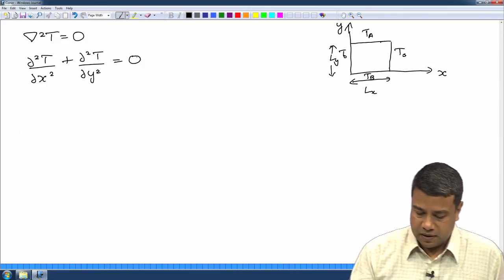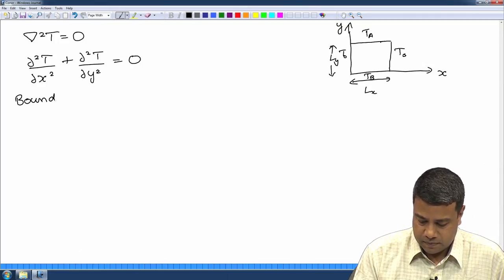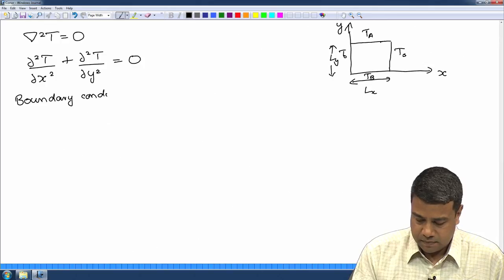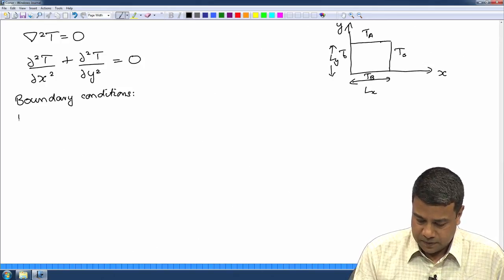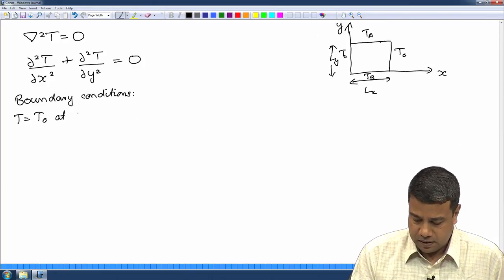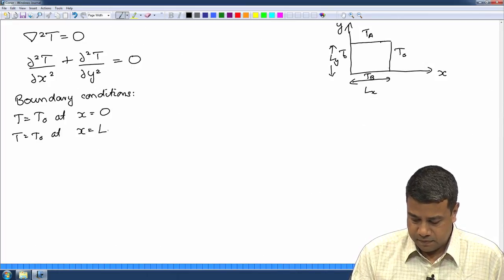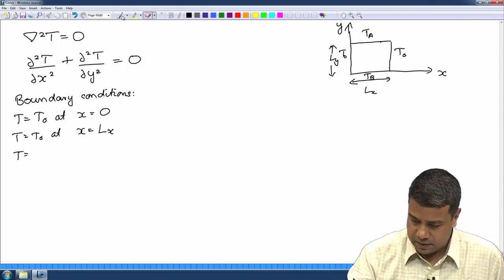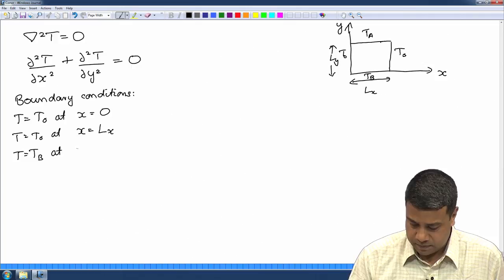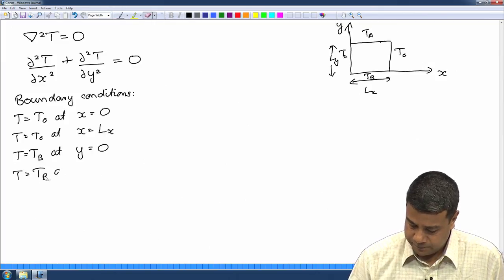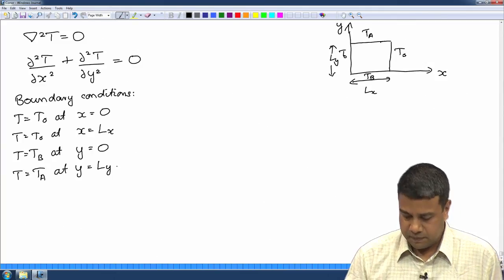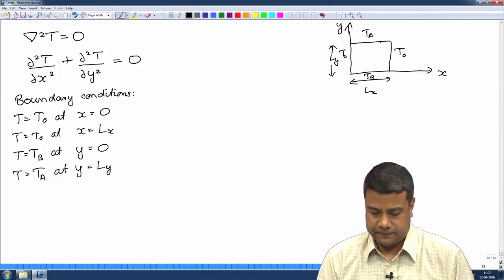And the boundary conditions: T equals T naught at x equals 0, and call this T b. So, those are the boundary conditions that I need to solve the problem with.